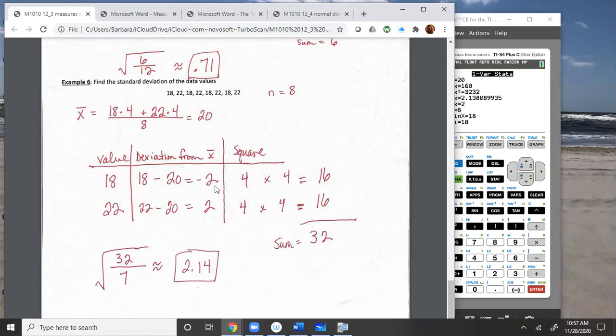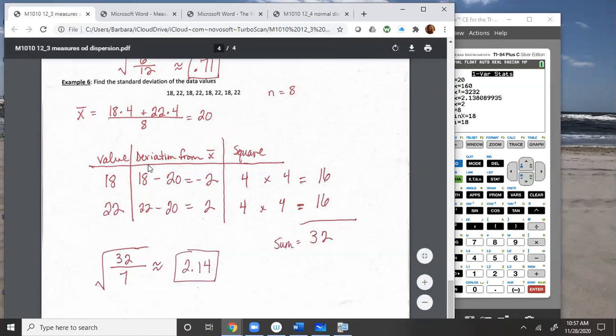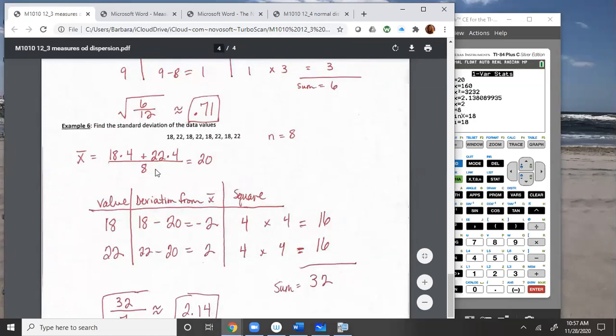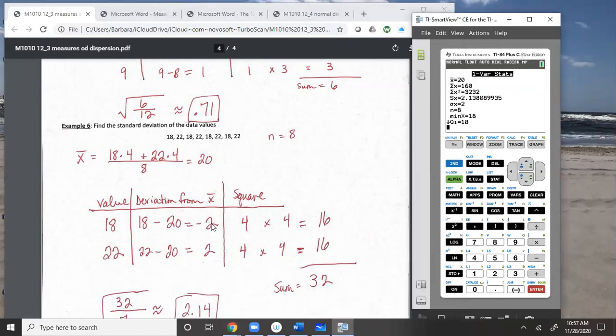So if you want to do this by hand, we can shortcut this a little bit because 18 appears 4 times and 22 appears 4 times. What we could do is put the value 18 and 22, and instead of doing each of these 4 times apiece, go ahead and do the difference that it is from the mean. So the mean was 20, right? We got -2, then we square it, okay?